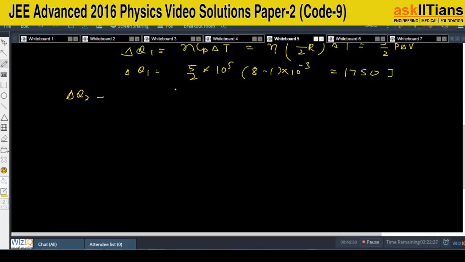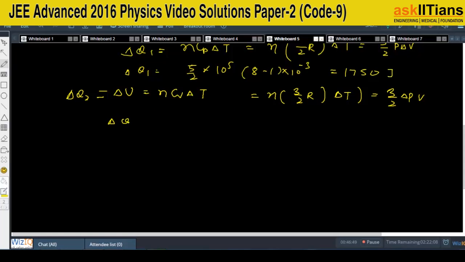So heat supplied is equal to change in internal energy, that should be equal to nCv delta T. On placing the values, n into 3 by 2 into R for monoatomic into delta T, this quantity is equal to 3 by 2 delta P into V. So we got delta Q is equal to 3 by 2 into 8 into 10 to the power minus 3 minus 1 upon 32 into 10 into 10 to the power 5.